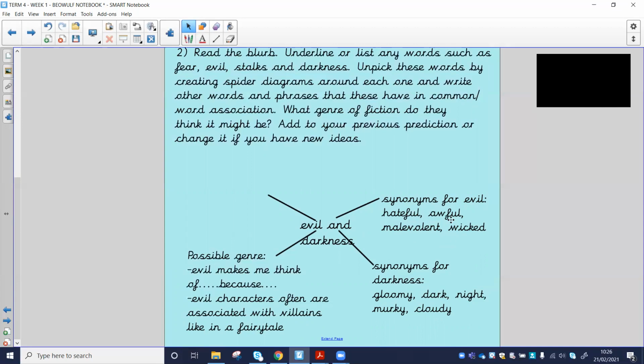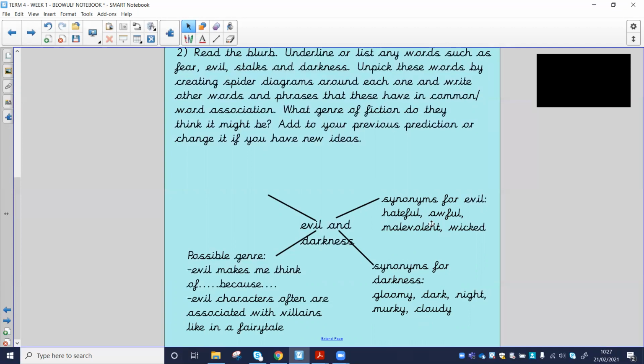So I thought of hateful, awful, malevolent, which is obviously one of our old words of the day, and wicked as well. And then I also wrote some synonyms for darkness. So gloomy, dark, maybe night, murky, cloudy.